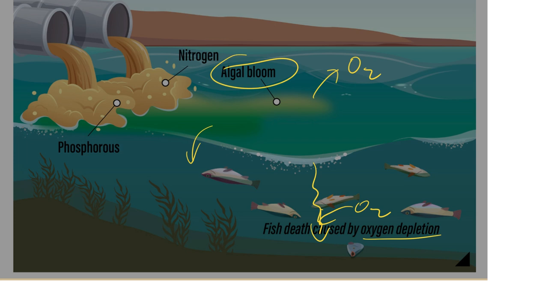So not only is it depleting the oxygen from the water, it's paralyzing the apparatus that fish use to breathe. So there's massive fish kills when we have our red tide blooms.